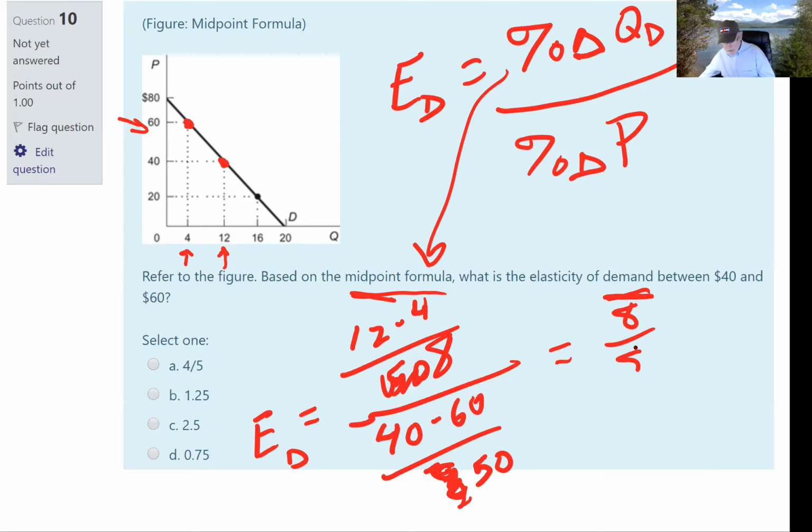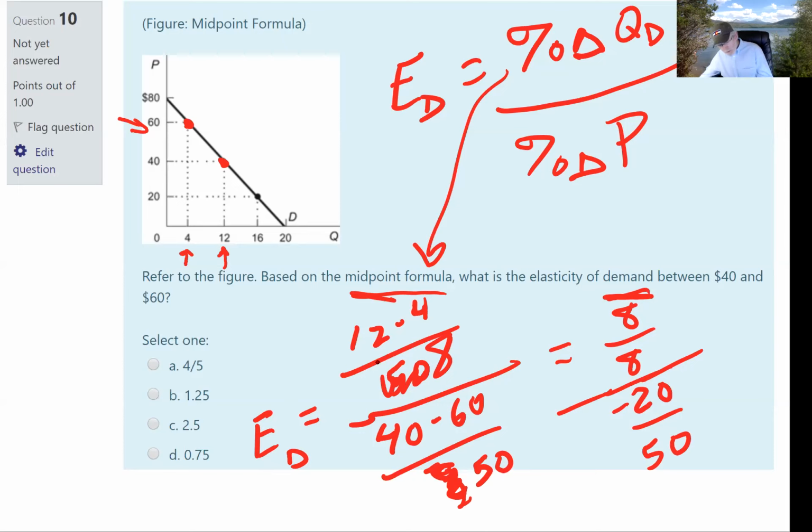So to work this out the rest of the way, you've got 8 over 8 over minus 20 over 50. Remember we said for the price elasticity of demand, it's always going to come out negative, but we just ignore the negative sign. So you don't have to worry about whether you put 60 minus 40 or 40 minus 60.